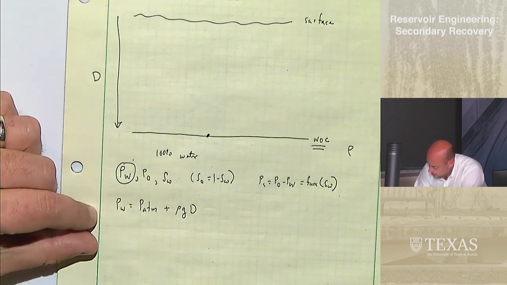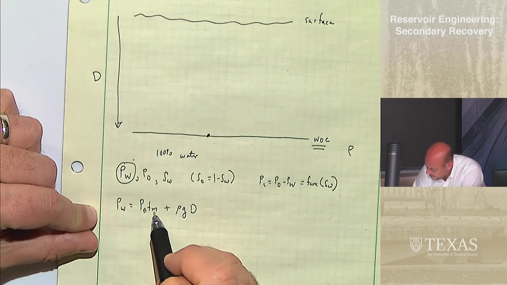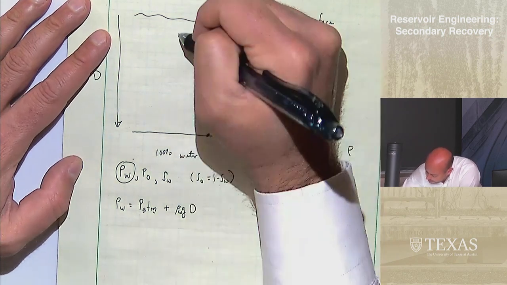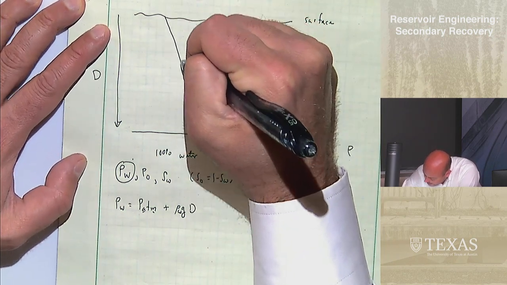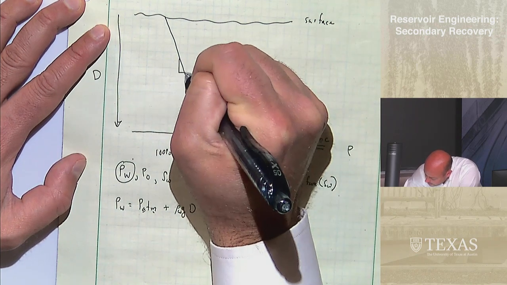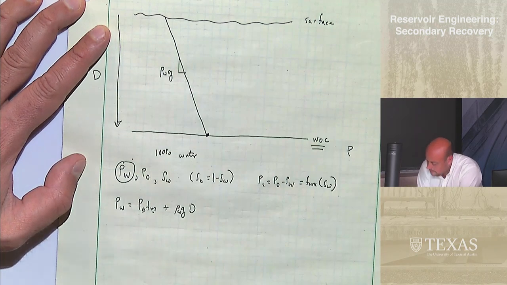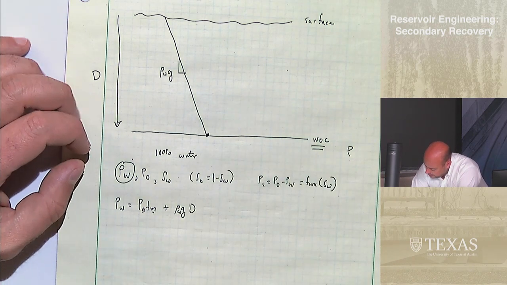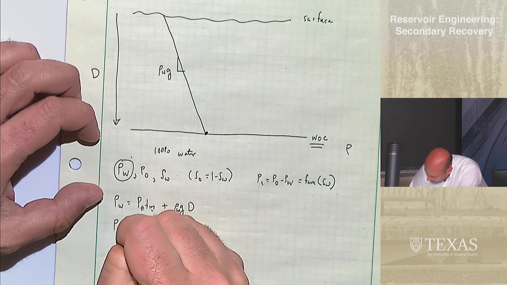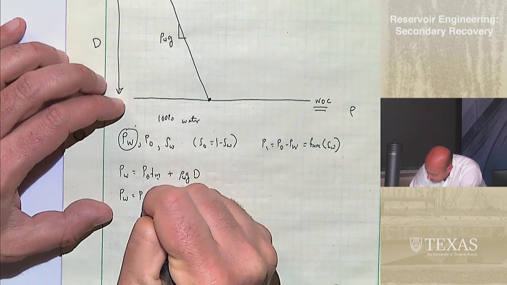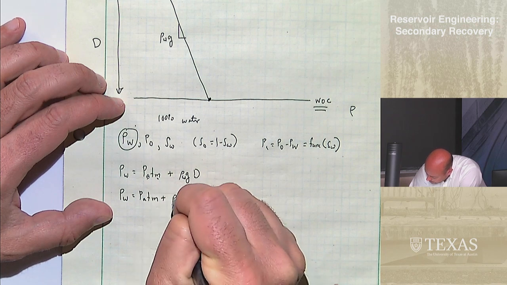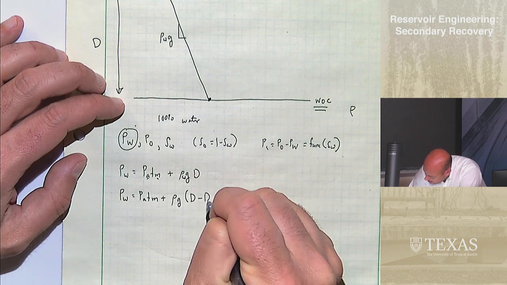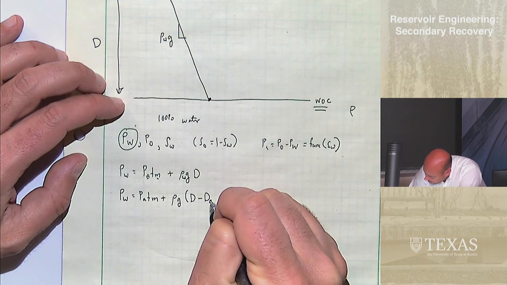the depth, right? So pressure at the surface is P atmosphere plus the density of water times the depth. And so if you were to plot pressure versus depth, it's going to look something like this, right? This has got a slope of rho WG. And actually what I should have done is said that PW at all depths is P atmosphere plus rho G times D minus D at the surface, right?